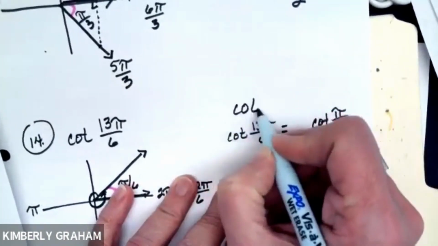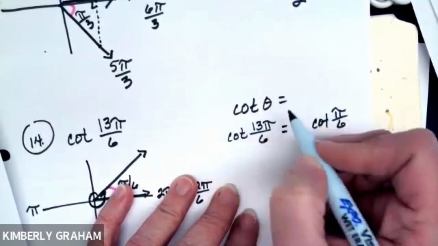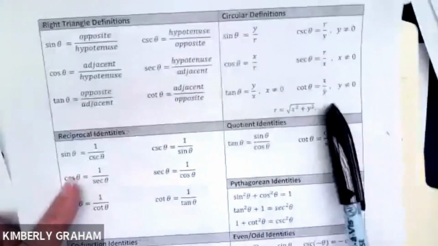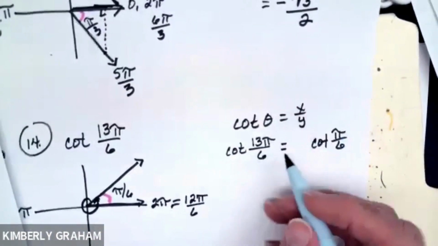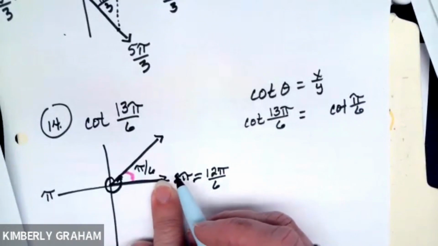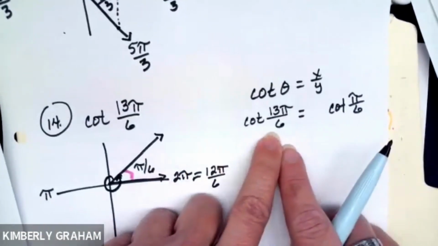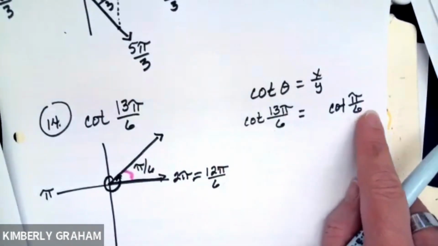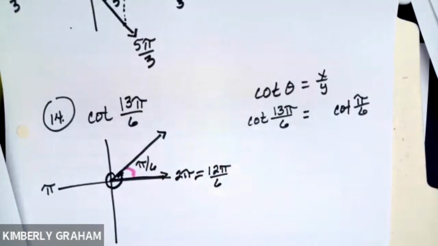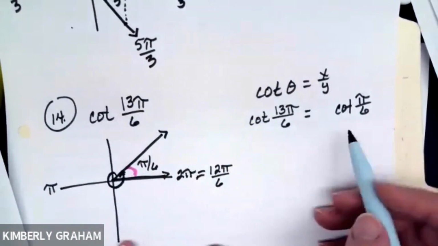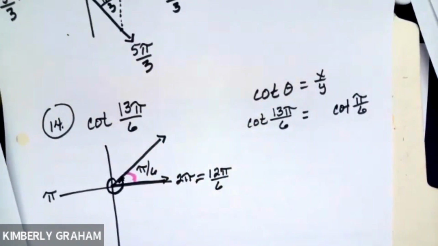Cotangent of theta, according to this, is x over y. Well, when I'm in quadrant 1, x and y are both positive. So the cotangent of 13 pi over 6 is going to equal the cotangent of pi over 6. And you can see by looking at the picture, they lie in the same exact spot. So I just need to figure out what the cotangent of pi over 6 is.